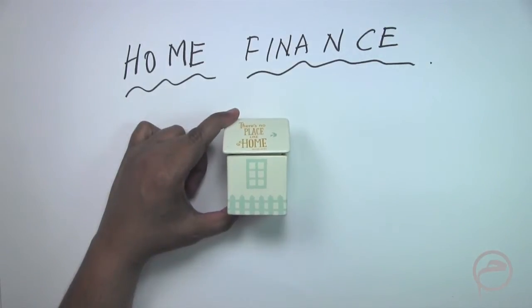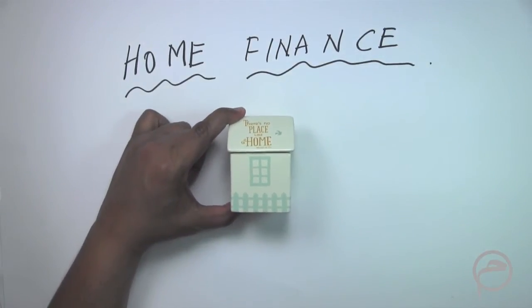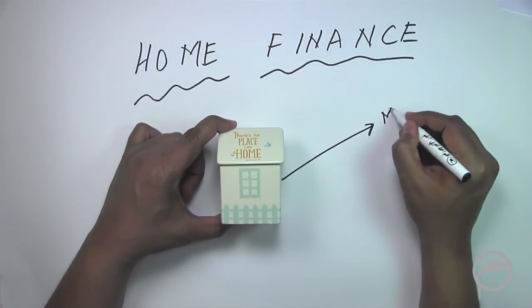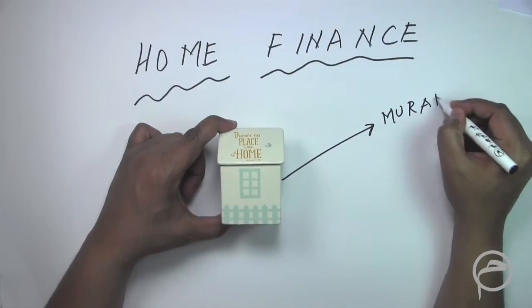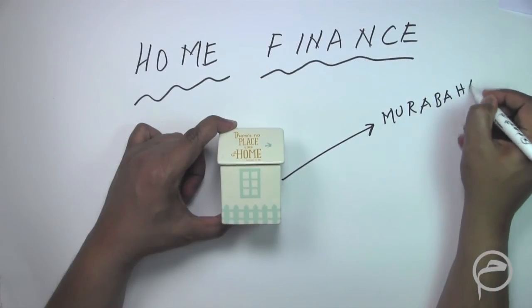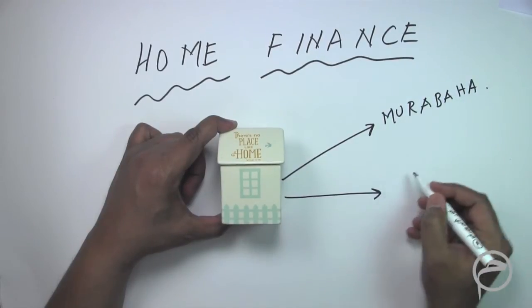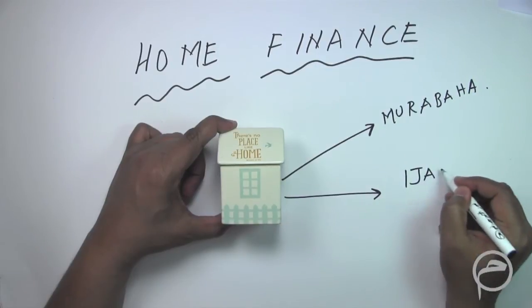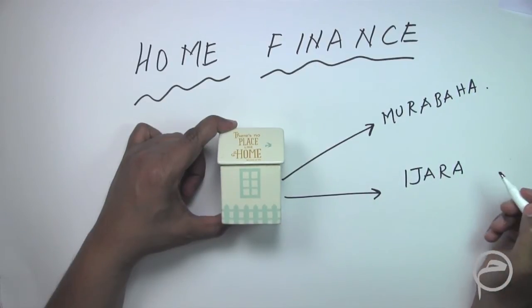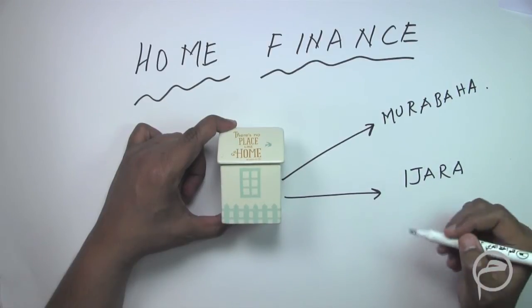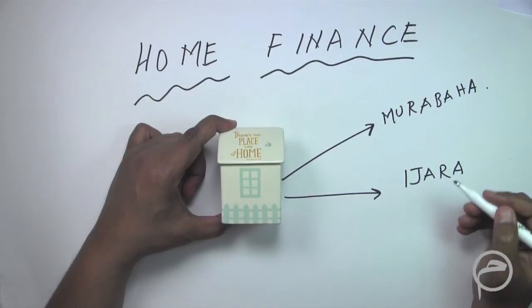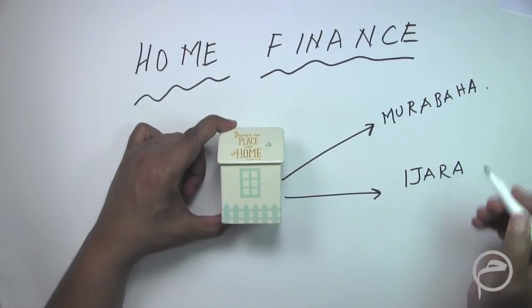There are various structures which are today used to provide home finance. A Murabaha structure. You have an Ijara structure. Then again, based on what kind of property it is, if it is a developed property, it will be an Ijara structure. If it is an underdeveloped property, it will be a forward Ijara structure.